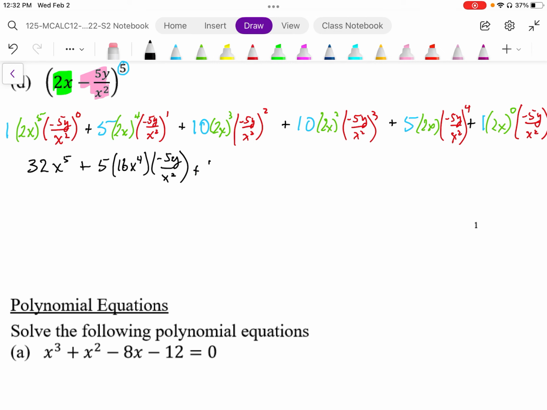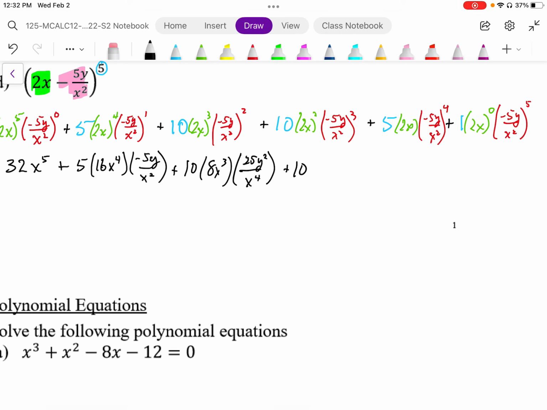We end up here with 10 times 8x cubed, and then this becomes positive 25y squared over x to the power 4, plus 10, this becomes 4x squared, negative 125 y cubed over x to the power 6, plus, I'm just going to combine this into 10x, and then this is going to be 625y to the power 4 over x to the power 8.